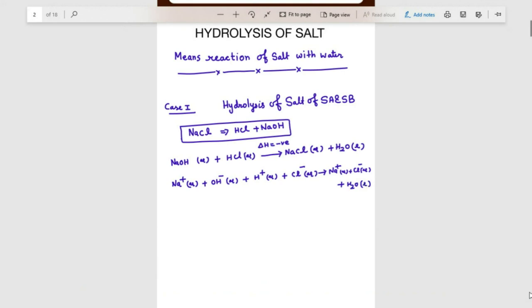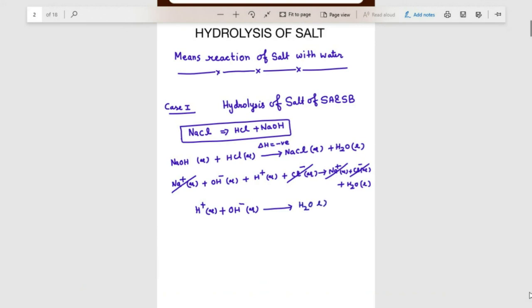So if you see here, Na plus ion is not participating in the reaction. It is there before and after the reaction, right? So it will cancel out. Cl minus is not participating in the reaction. So Na plus and Cl minus here are spectator ions. So what is the reaction which is going on? We know that whenever a strong acid reacts with a strong base, H plus and OH minus will combine to form water, and due to this bond formation, heat energy will be liberated.